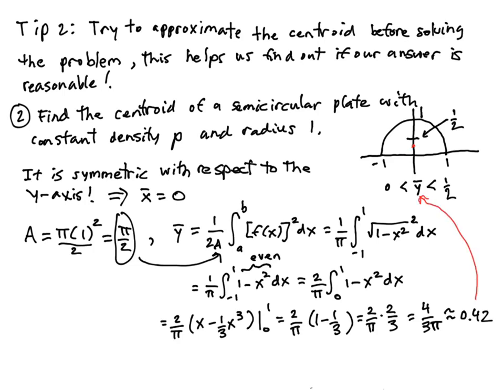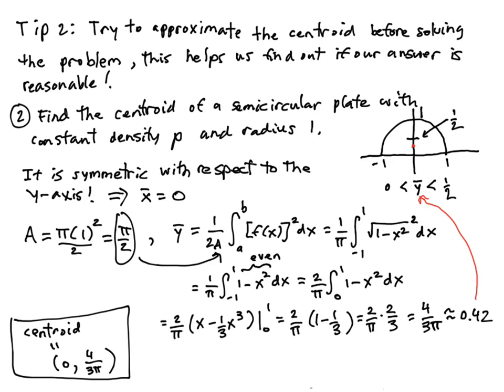I said that I knew the answer was going to be between 0 and a half, and it was. It was actually 0.42. Anyway, we've got our answer then. Our center of mass, our centroid, is going to equal (0, 4 over 3 pi). So this is the center of mass of the shape.